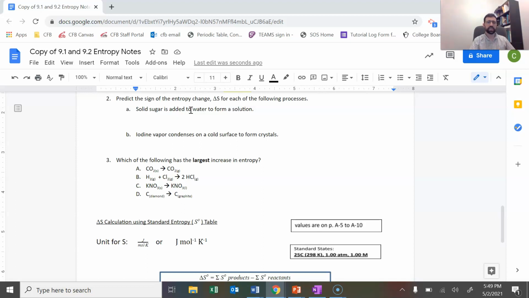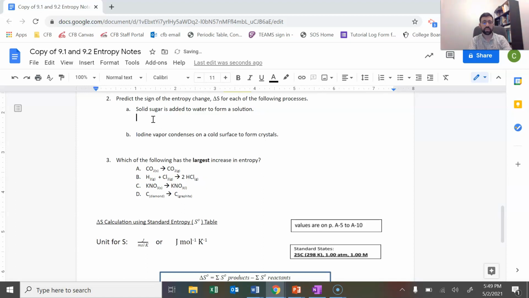So solid sugar is added to water to form a solution. So is solid sugar or the solution going to have more randomness? Well, we learned that if something dissolves, it tends to become more random. I went from something that was solid sugar to a solution of sugar water. That's definitely an increase in randomness.